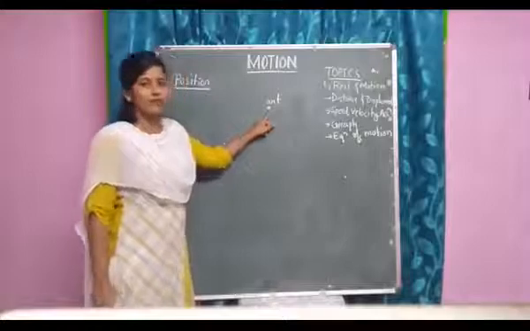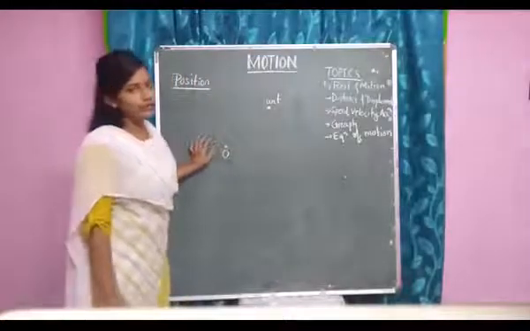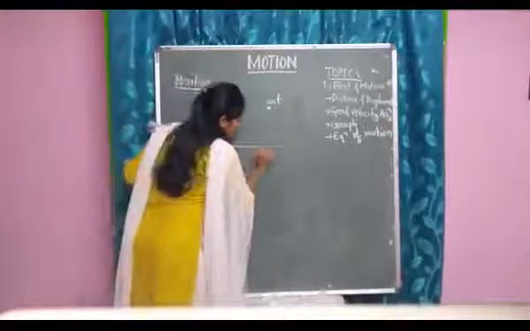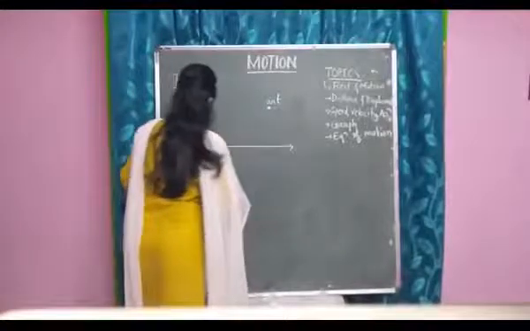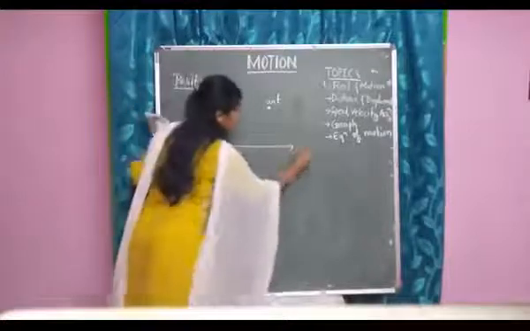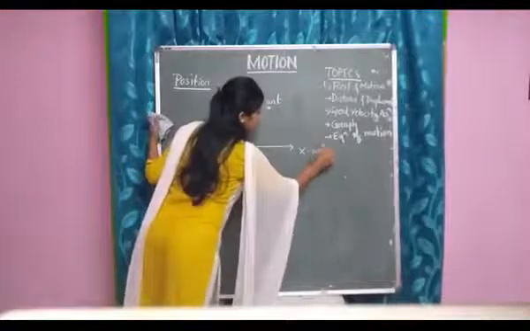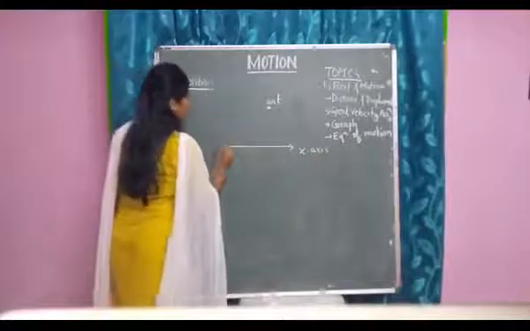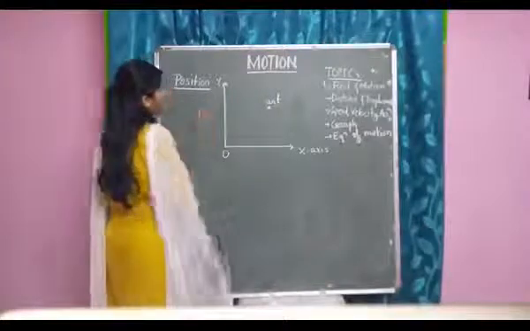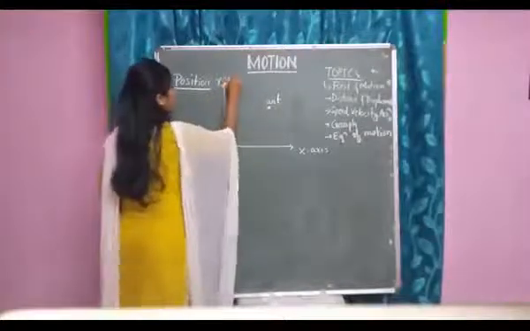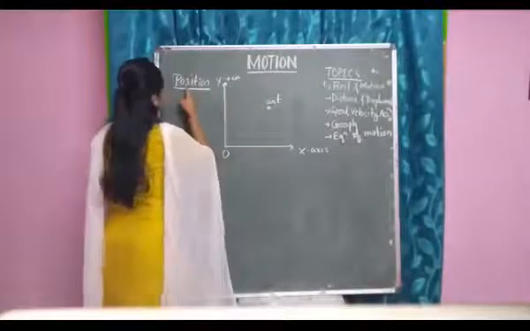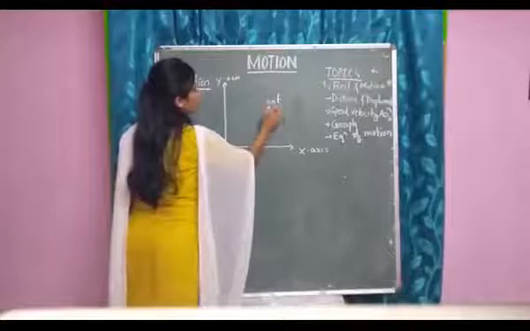For that we have to go for the coordinate axis. Suppose along this east direction we have our x-axis, and suppose towards north we have our y-axis. So how will I now locate the position of this ant?